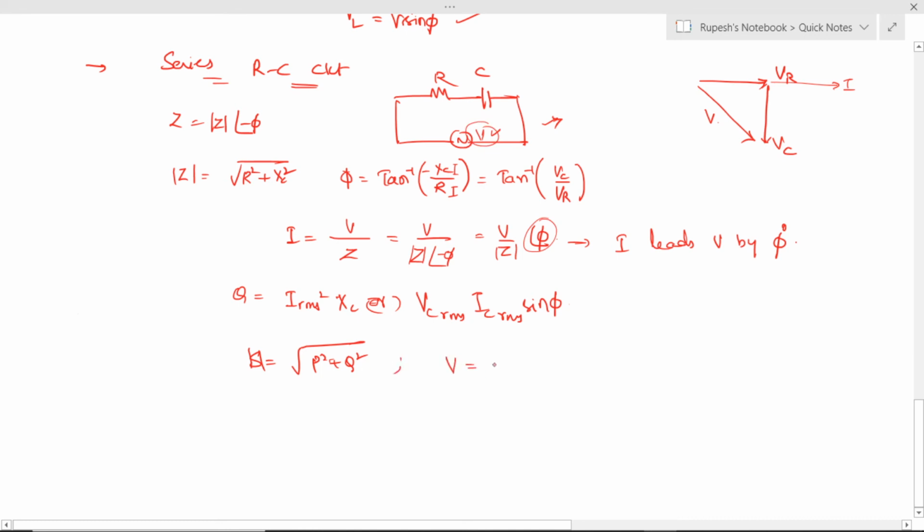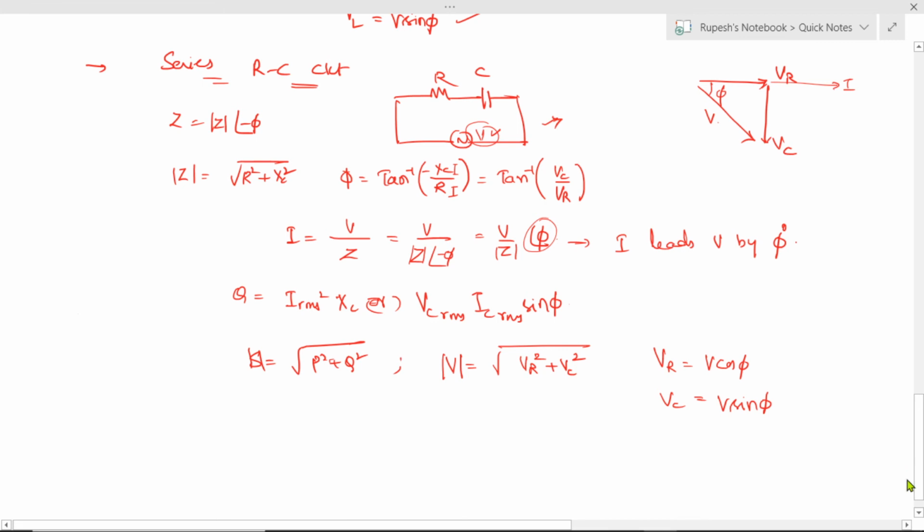So the modulus of the source voltage is root of VR square plus VC square. Here this angle is phi. VR is V cos phi and VC is V sin phi. Okay. Are there any doubts in this? I hope it is clear.